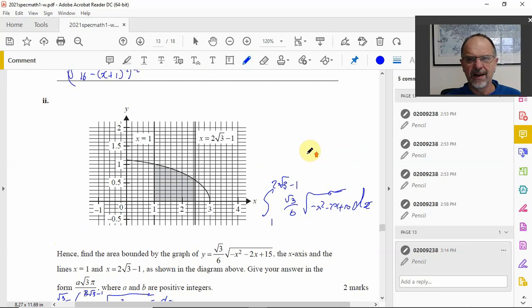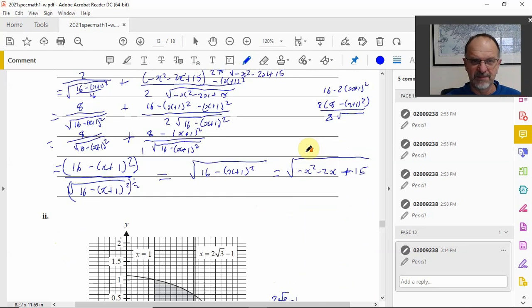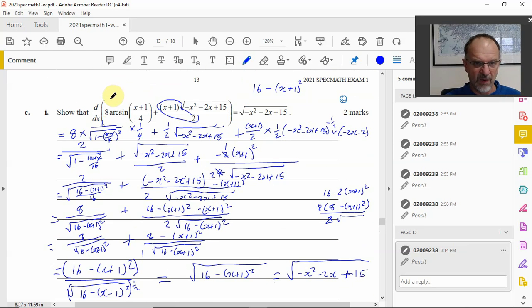Now, this is where part 1 comes into it, because in part 1 we differentiated something to get that square root. So if we've differentiated this 8 arc sine, etc., to get our square root, if we integrate our square root, going back the other way, we'd get all of this stuff.